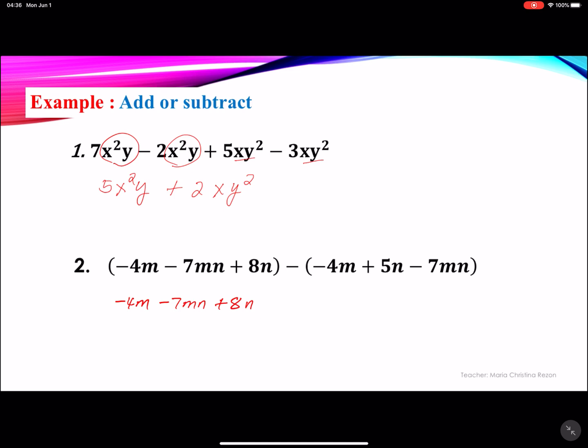Then the second group is actually like multiplying negative 1 to all of the terms here. So negative times negative gives you plus 4m, and then negative times positive gives you minus 5n, and then negative times negative gives you plus 7mn.